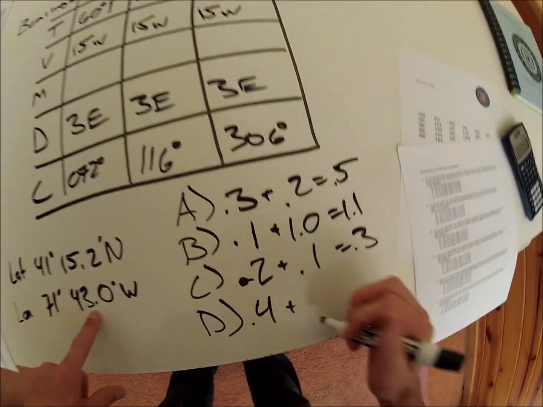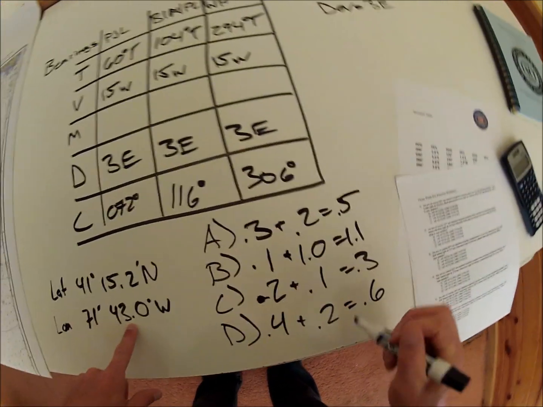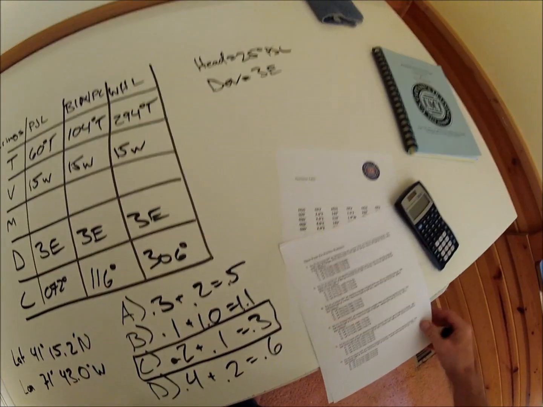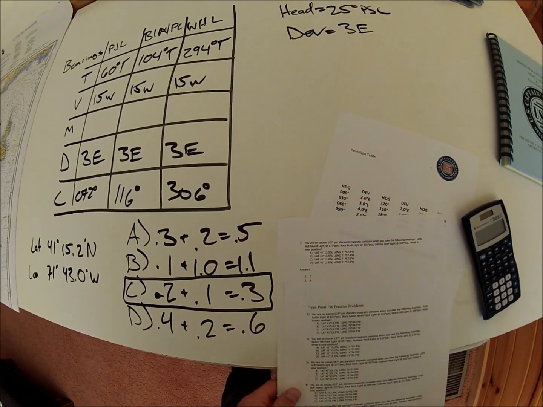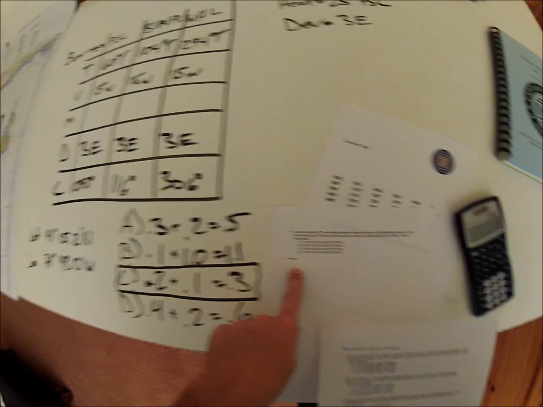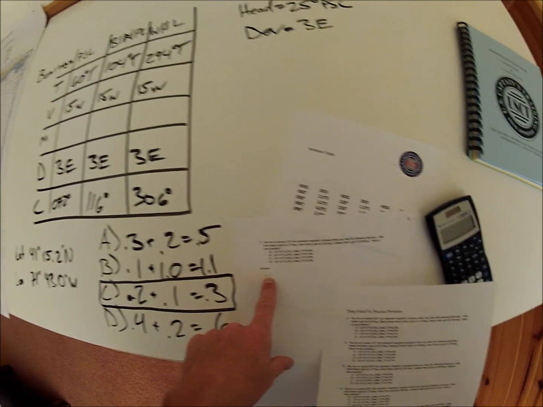And 71 42.8 is 0.2. So this one's 0.6 away. Okay, I would choose my closest answer, C. Let's see what the correct answer is here. C. The answer to 3-point fix practice problem 1 is C.